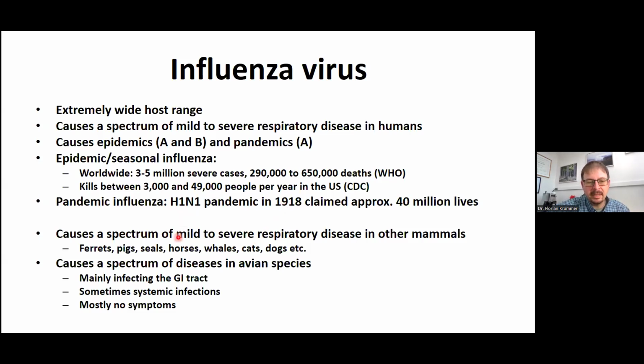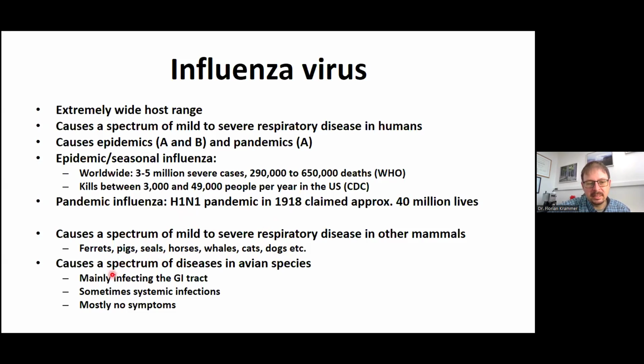If we look in other mammals, we see basically the same. Influenza viruses cause a spectrum of disease, mostly a respiratory disease in other mammals. That includes ferrets, pigs, even marine mammals like seals, whales. Influenza sits in horses. It can infect cats, dogs, and so on and so forth. But the main host of influenza viruses are avian species, birds.